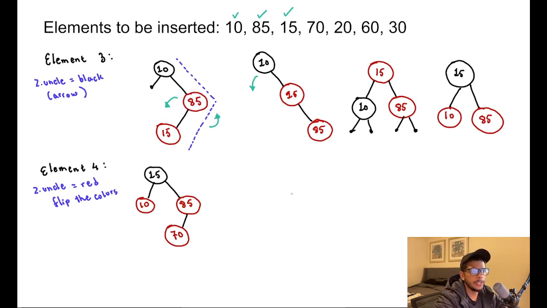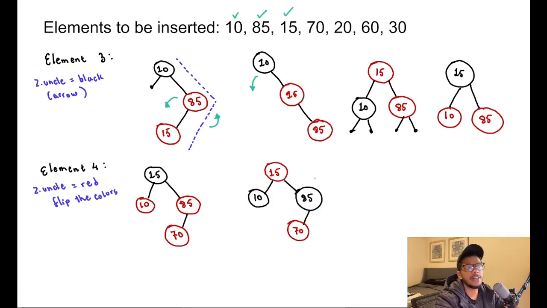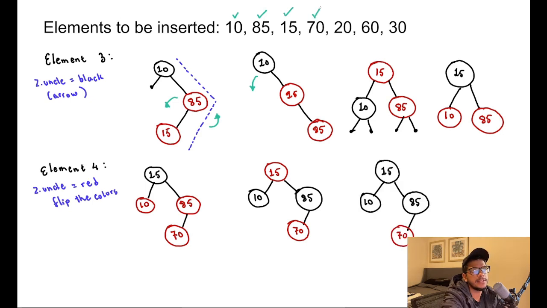So if you go up to the grandfather level, let's just make all the switches. Now we're gonna see if we do have any violations or not. Turns out that 15 is the root node. Root node cannot be red colored, so we will have to recolor it again. So we have to recolor 15, element 70 inserted.